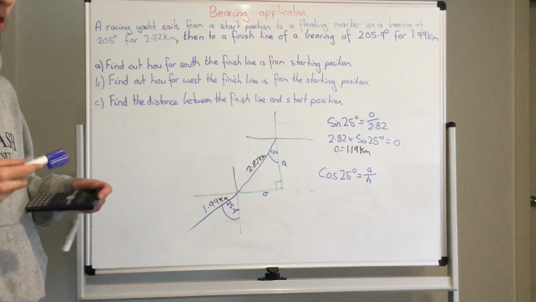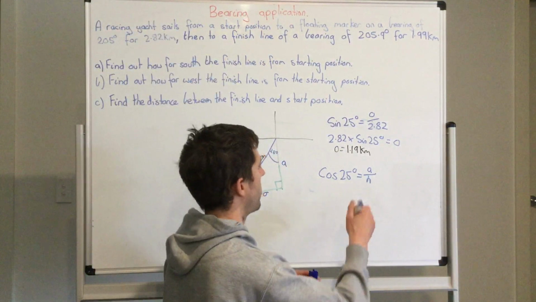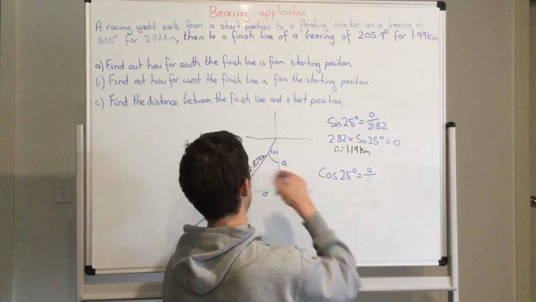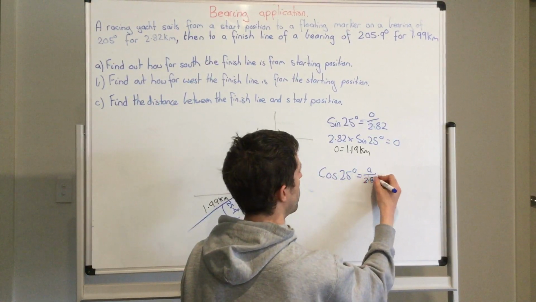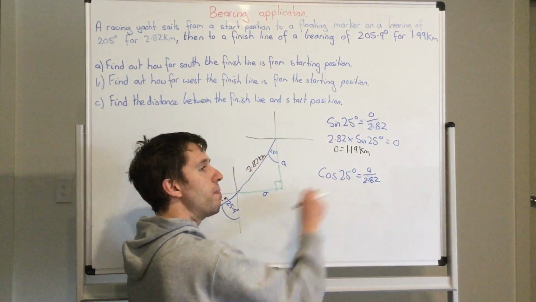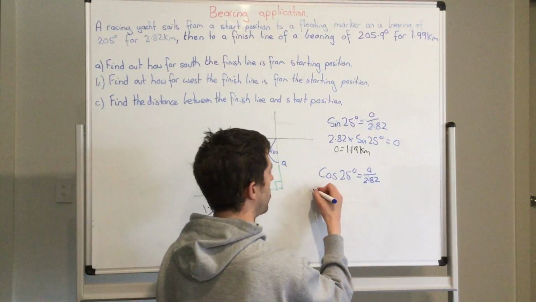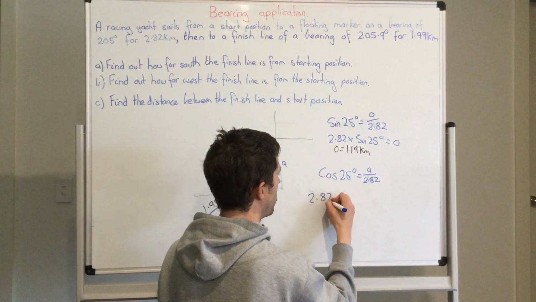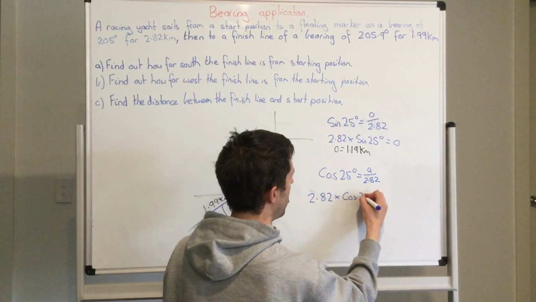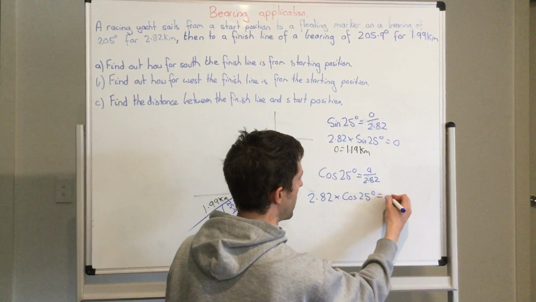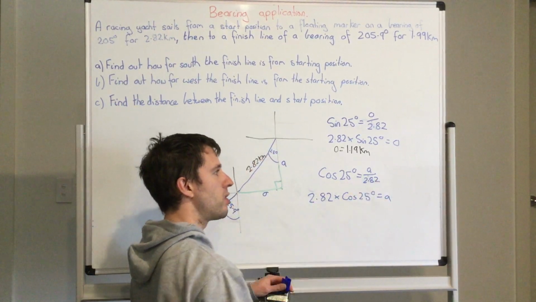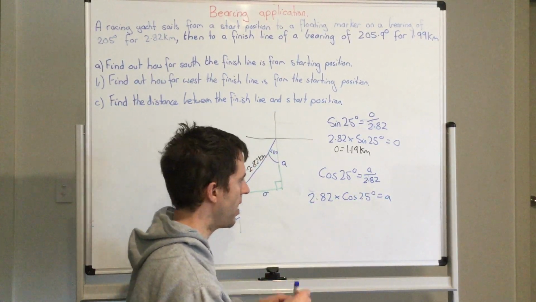Let's have a look at what A is. So again, I'll change H to 2.82. I want A by itself, so I times both sides by 2.82. So 2.82 times cos 25 degrees equals A, because when I times this side by 2.82, it cancels out.